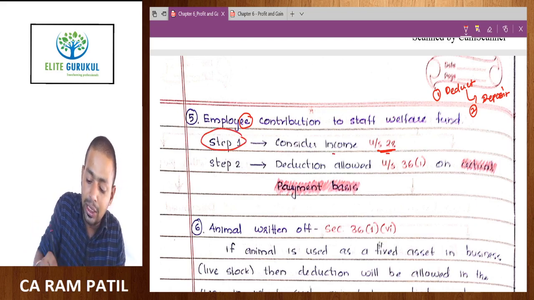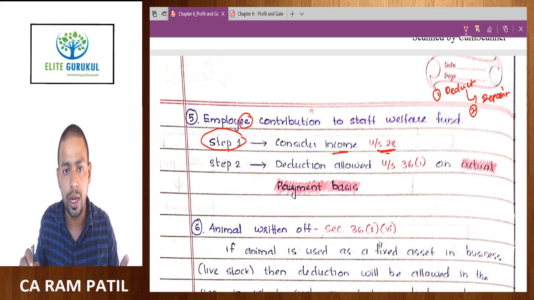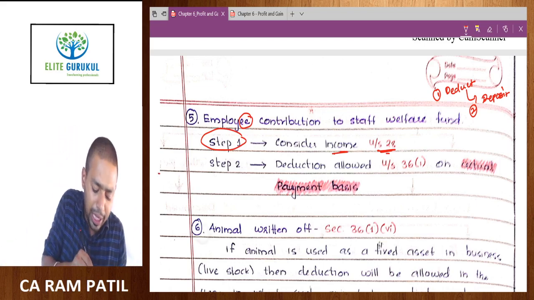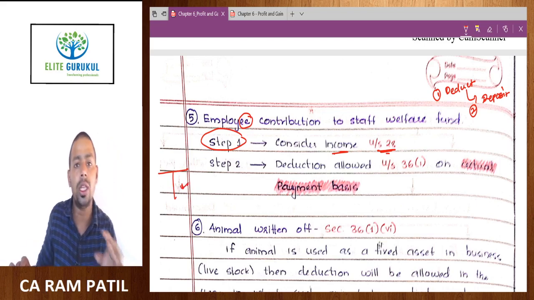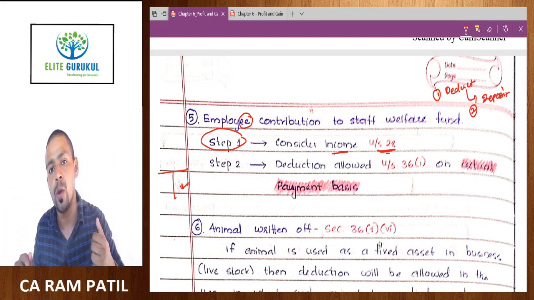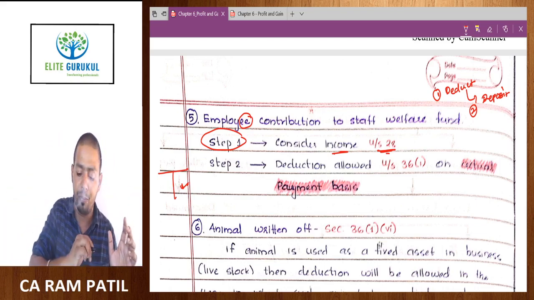step 1, they consider it as an income of the employer. Now you tell me, is it an income of the employer? Answer is no, but still they are crediting it to P&L account because they wanted to have control over this kind of flow, this fund flow which is happening, which is the deduction from employee salary and deposit to the fund account.